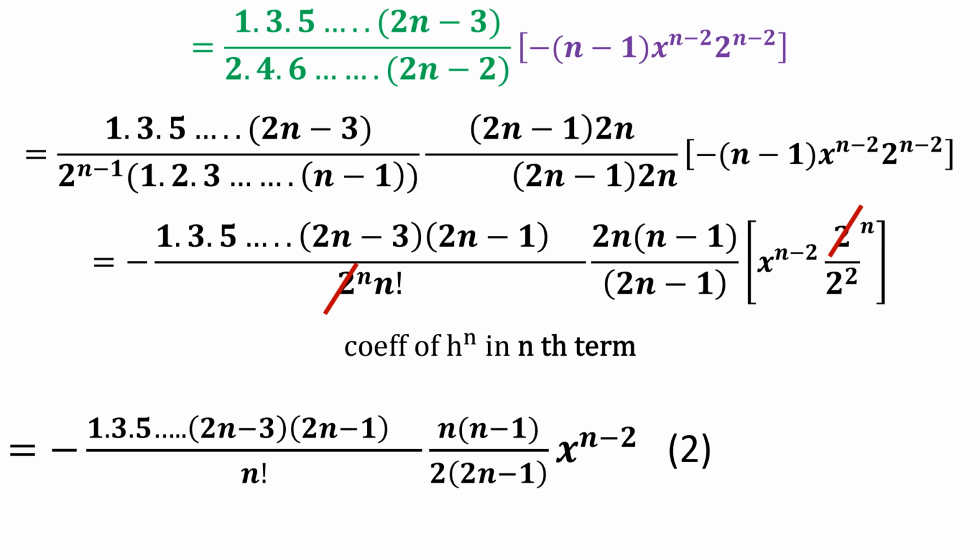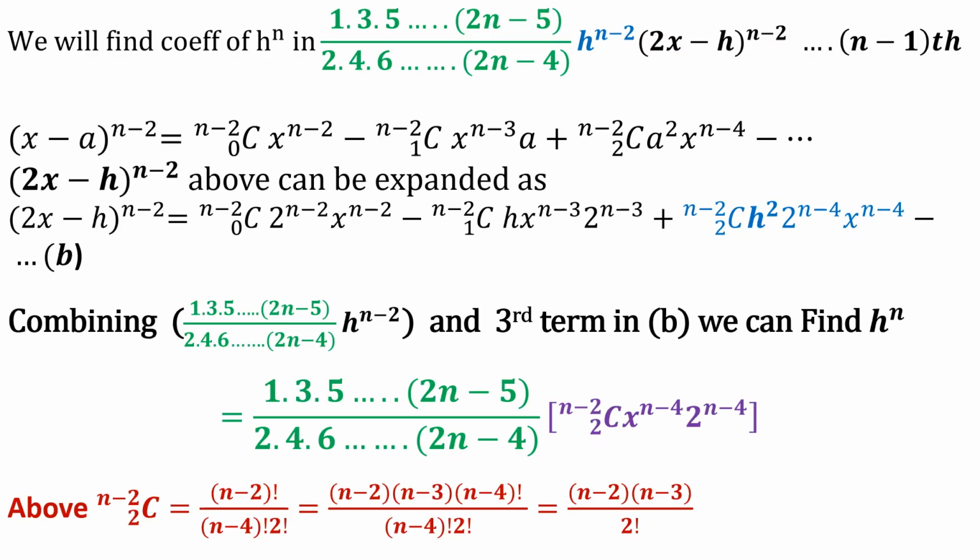So left is 1, 3, 5, 2n minus 3, 2n minus 1, n factorial, and this is n by n minus 1, n minus 1 divided by 2n minus 1, right? x to the power n minus 1, like that. Because this 2 and this 2 square, right? 1, 2 will be cancelled. So that we have only 1, 2 is left. Other terms are same.